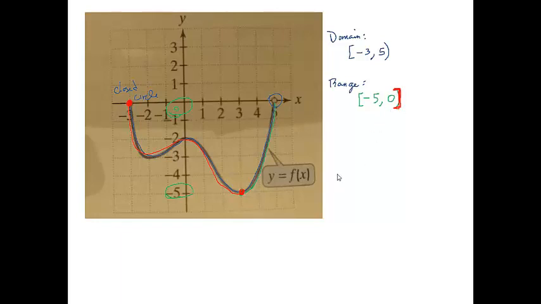All right. Now we're going to do some problems from 8.3. We're going to look at number 21 and number 23. Number 21. It says f of x is equal to 7x minus 3, and it says find the domain.